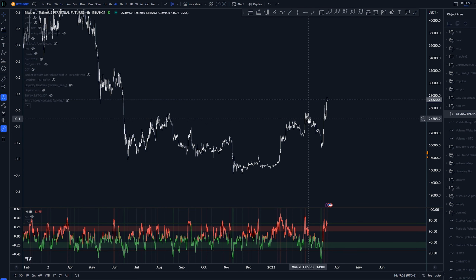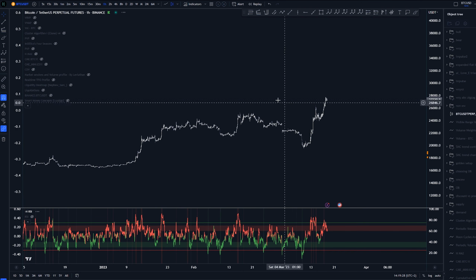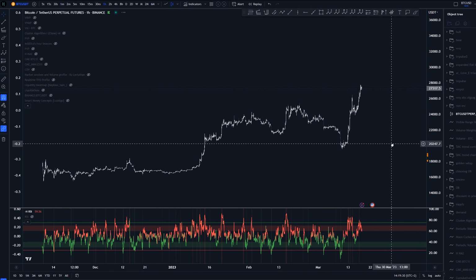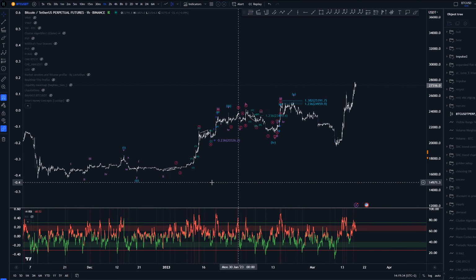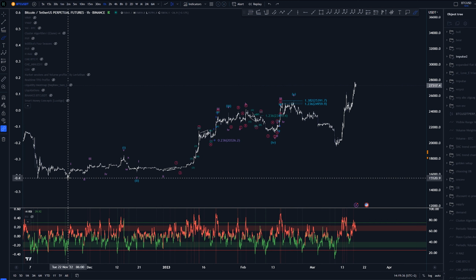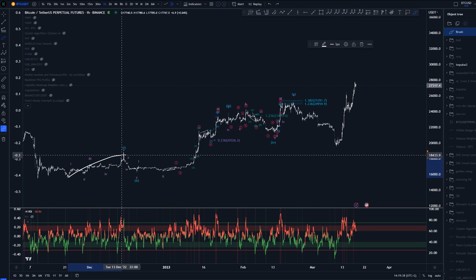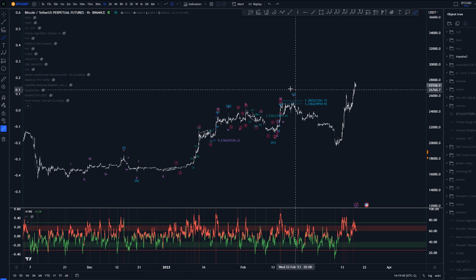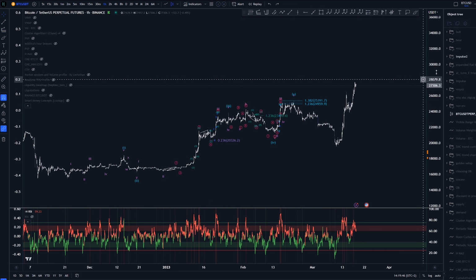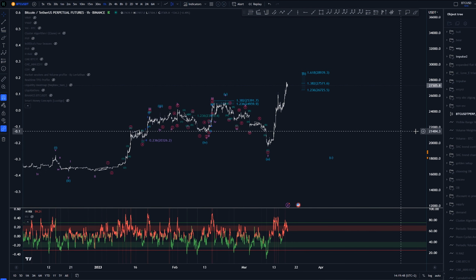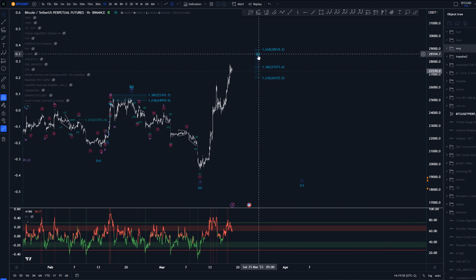Now, let's take a look at this local structure here and talk about more of the micro stuff. So again, overall, since the lows of November 22nd, we had this potential 1, 2, 3, 4, 5 into the highs of around February 21st. Since then, again, we have this as a 3-wave structure coming down like so, and the previous expectation was that we were looking for that wave B here.